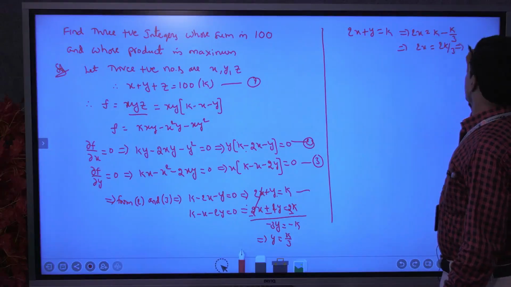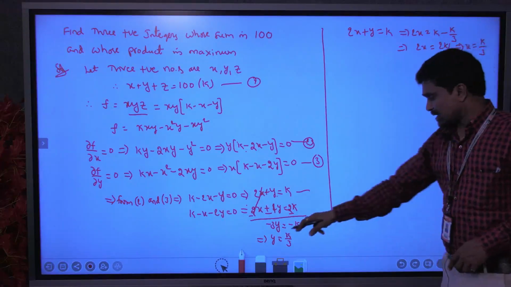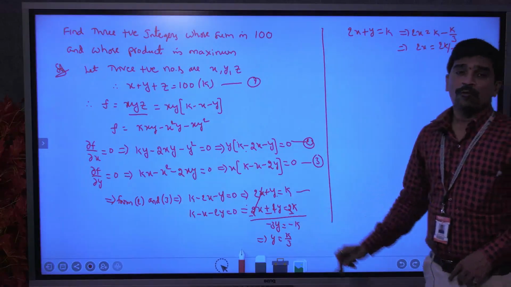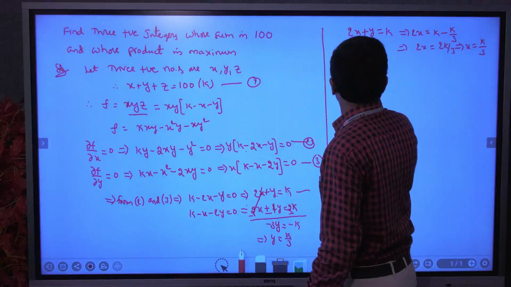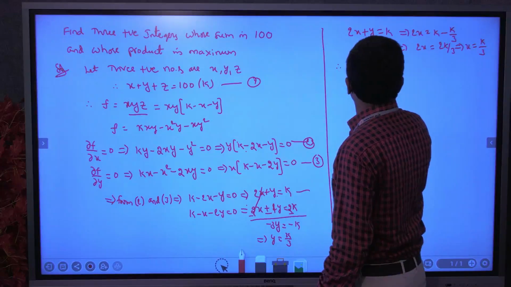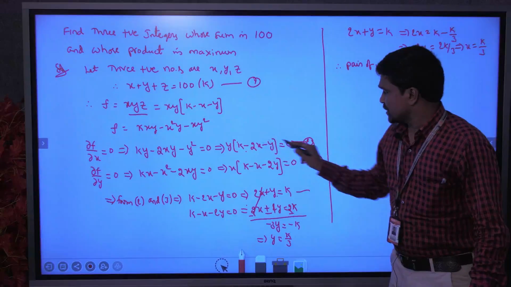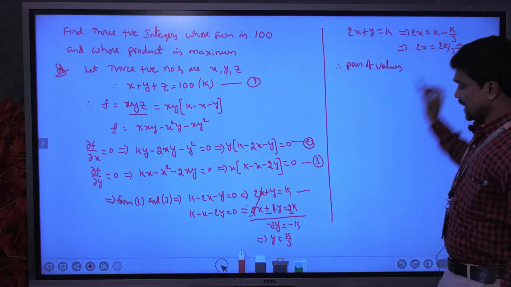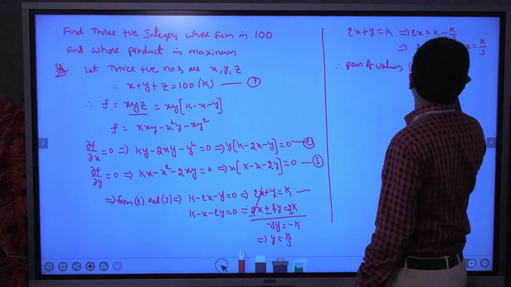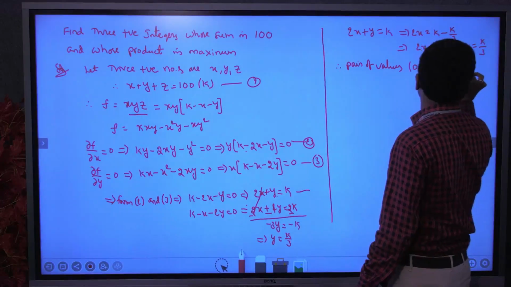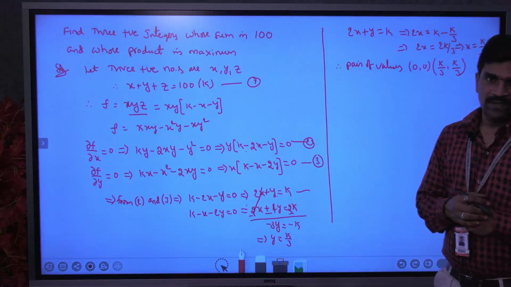That implies x is equal to k by 3. So we get x is k by 3 and y is k by 3. Therefore the pairs of values are 0 comma 0 and k by 3 comma k by 3. These are the points. This is the first step.